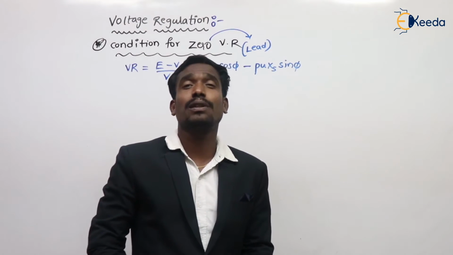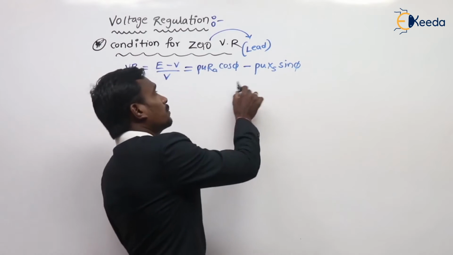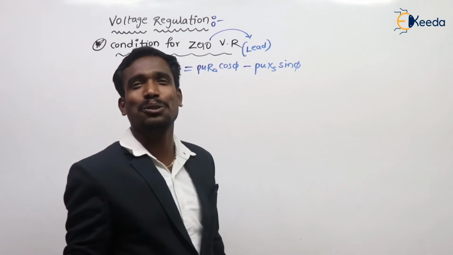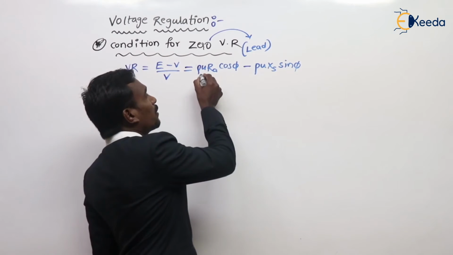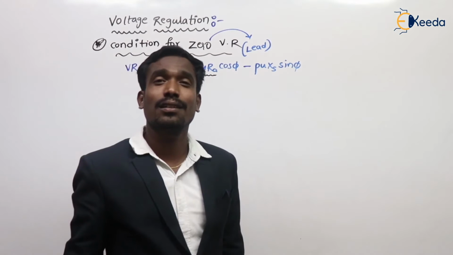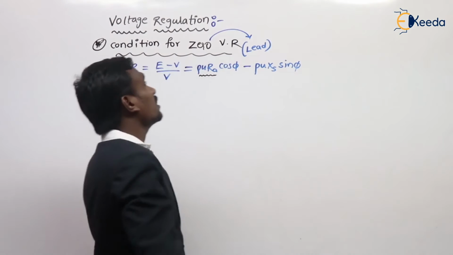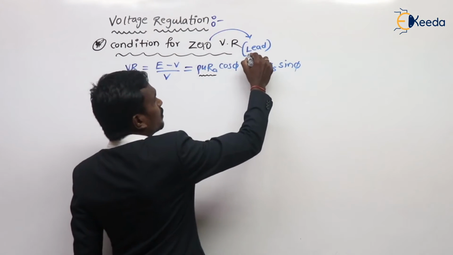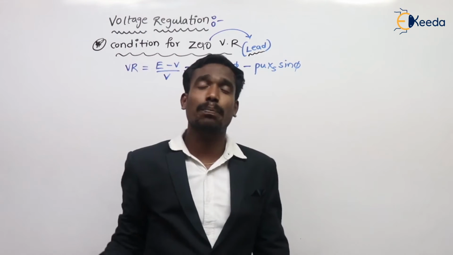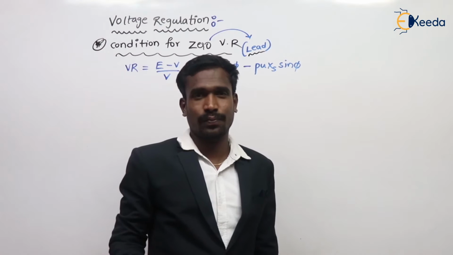There is no possibility for lagging load because both terms are added. Even in unity power factor it is not possible, because in unity power factor the voltage regulation is just per unit R. So the zero voltage regulation occurs only in leading load. This is very important, a repeated question.